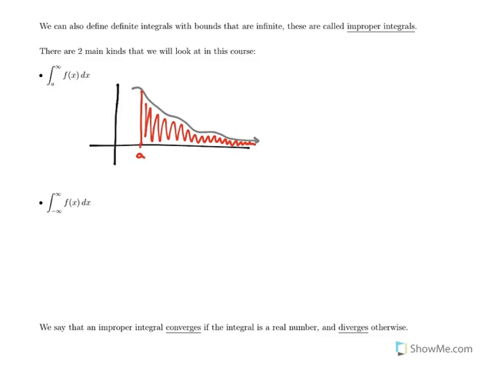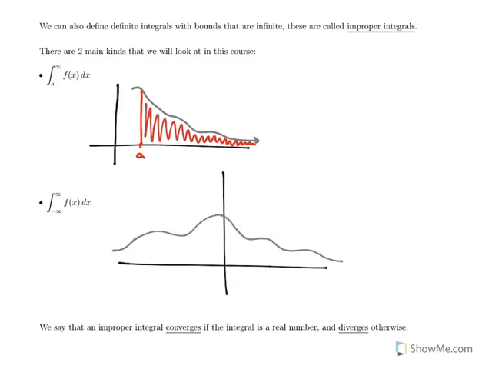Or in the other case, maybe our function looks like this. Negative infinity to infinity is going to be the area under the curve total from negative infinity to infinity.